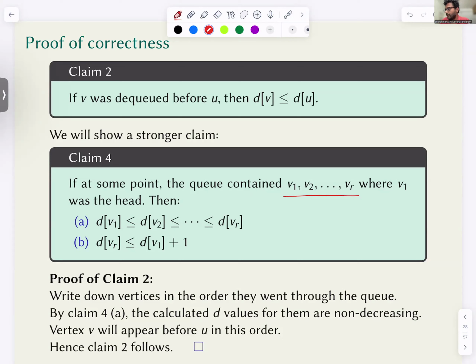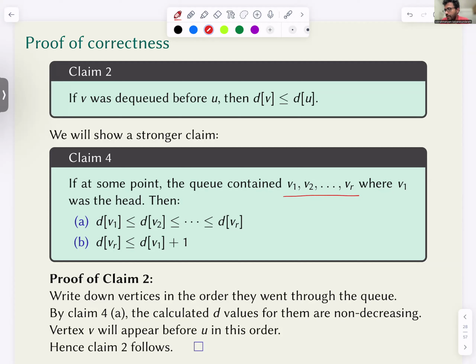So if d of V1 is 2, then d of VR cannot be 4 or 5. It is at most 3. It can be 2, it can be 3 also, but it cannot be 4. So all the values will be 2, 2, 2, 2, 3, or 3, 3, 3, 3, 4, 4, 4, something like that.